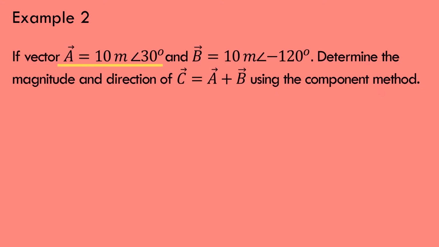Let's take a look at another example. If vector A is equal to 10 meters at 30 degrees from the positive x-axis, and vector B is equal to 10 meters at negative 120 degrees, determine the magnitude and direction of C, if C is equal to A plus B, by using the component method.